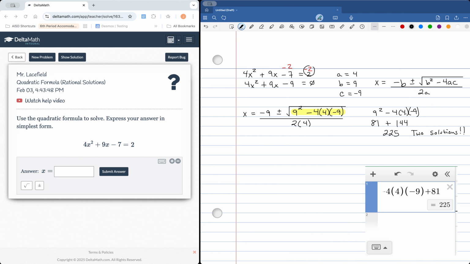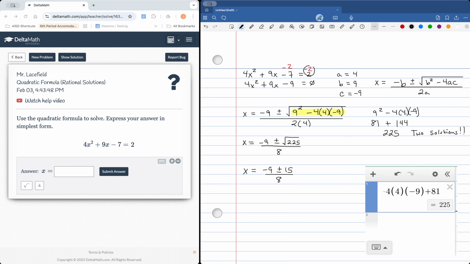Okay. So now, it's not x squared. It's just x equals negative 9 plus or minus the square root of 225 divided by 8. The square root of 225 is 15, so x is equal to negative 9 plus or minus 15 divided by 8.